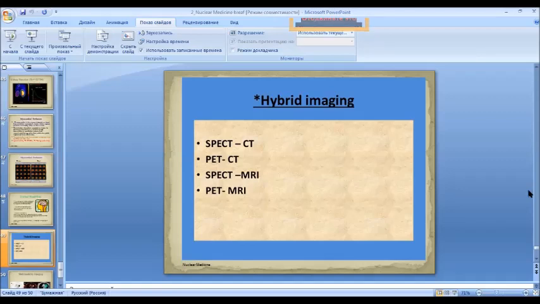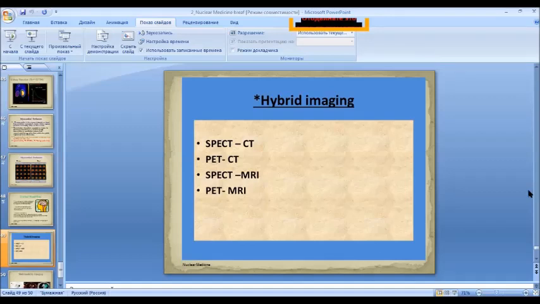So when you look at the nuclear medicine picture, you can't say exactly where the pathology is located.